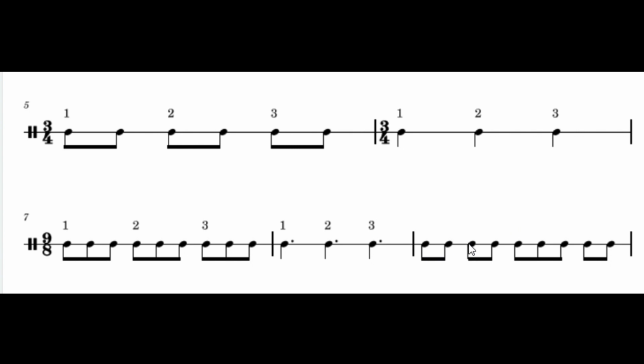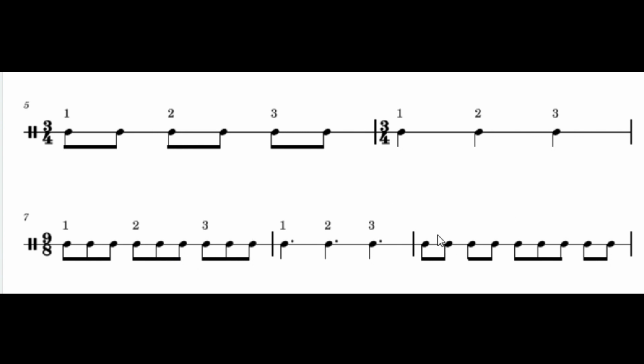1, 2, 3, 4, 5, 6, 7, 8, 9. The reason why I put this here is to make mention that a song is only considered compound if you have this distinct three division of its beats.